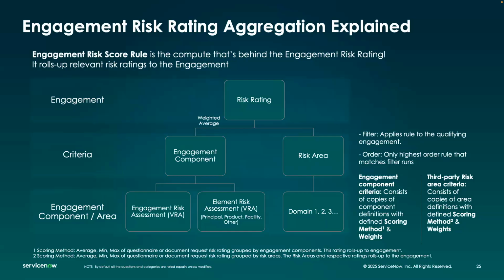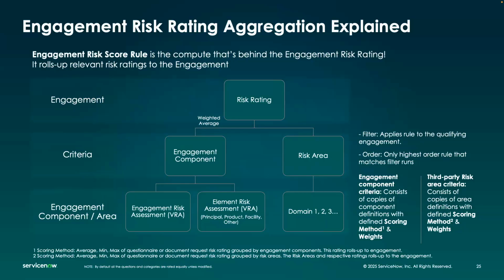These criteria define which risk inputs should be considered as part of the engagement and how they should contribute to the roll-up. The two key components here are engagement risk assessments, assessments performed directly on the engagement; element risk assessments, assessments performed on entities that support the engagement, like facilities, products, principals, or other external organizations.